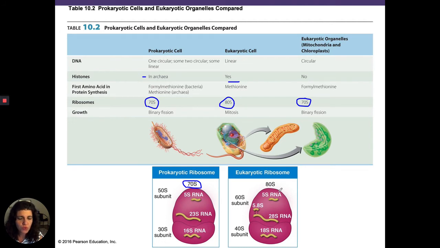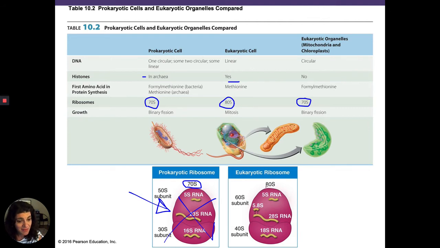So what would this be useful for? Antibiotics can target 70S ribosomes and stop what ribosomes do: protein synthesis. So if you target a prokaryotic ribosome with a drug, you stop this bacteria from growing inside your body.